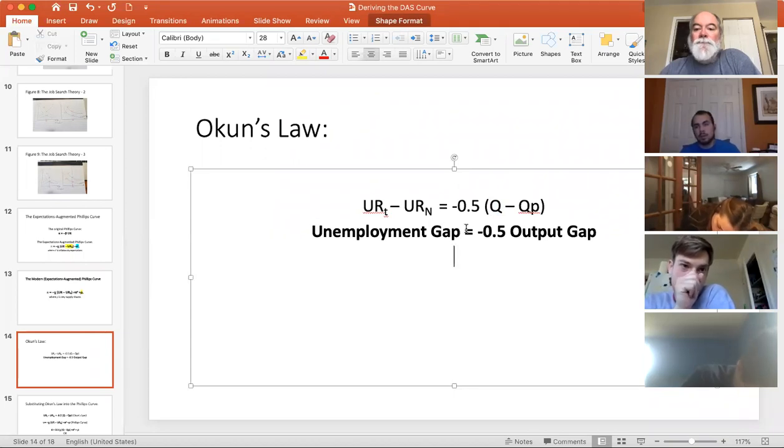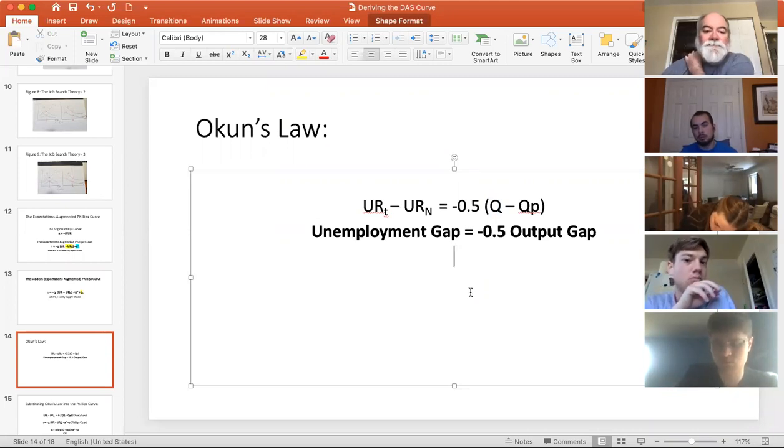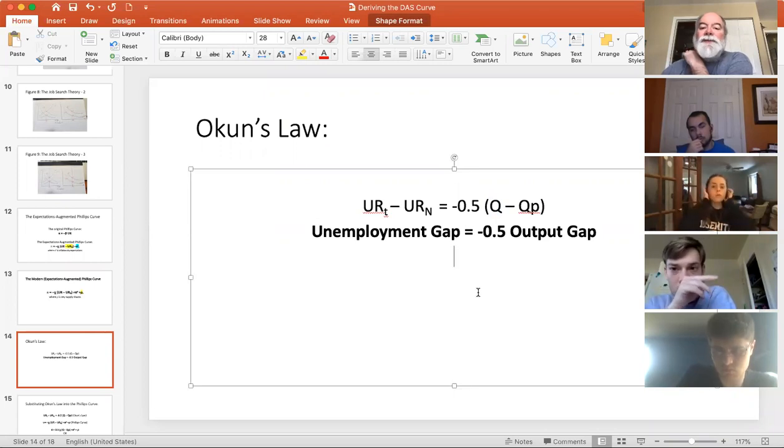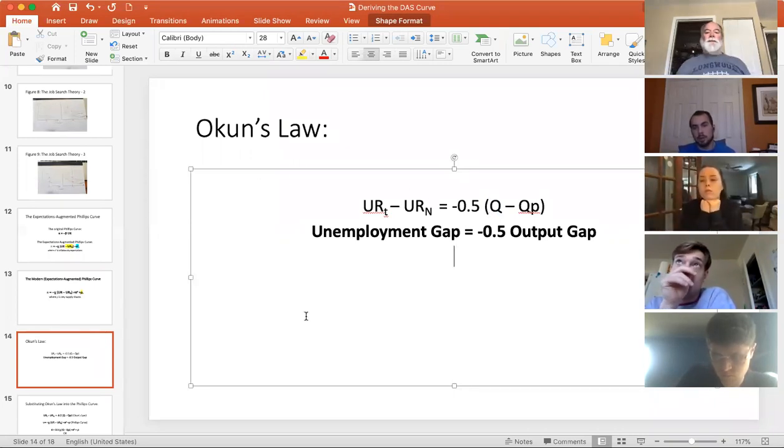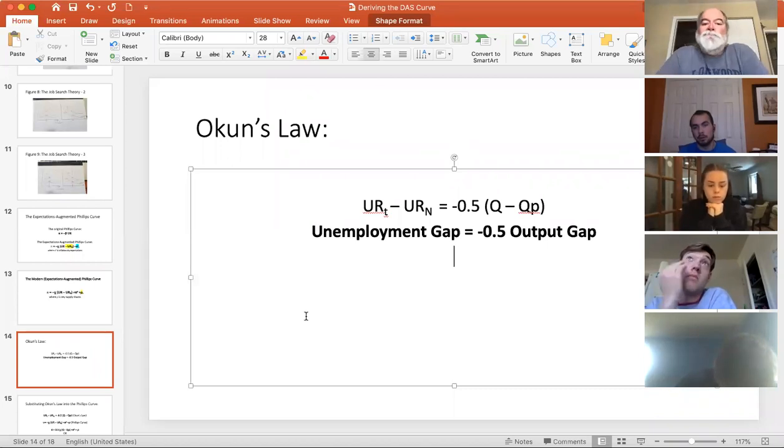So why is it not a 1-to-1 ratio? That is a great question. Okay, what now? Why intuitively would we think it's 1-to-1? Well, because I would kind of assume that 1% of the population of the working class would provide 1% of GDP.